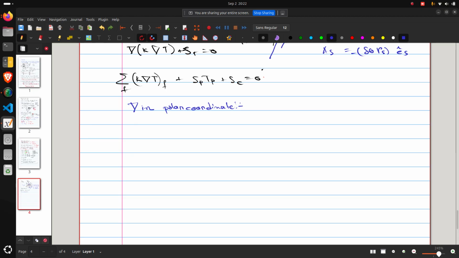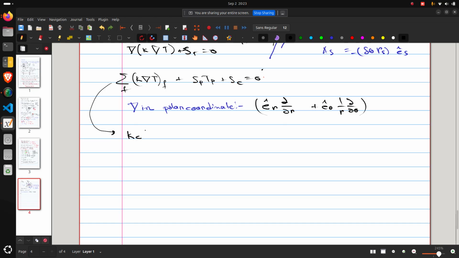The gradient operator, the del operator in the polar coordinate system, comes out to be something like this. Okay. Now let's break this down into its components. So let's first start with the east cell.